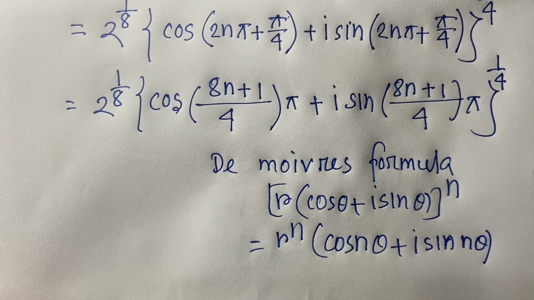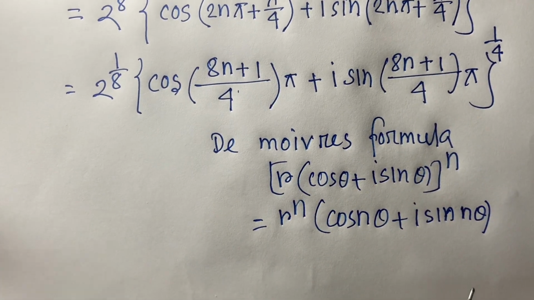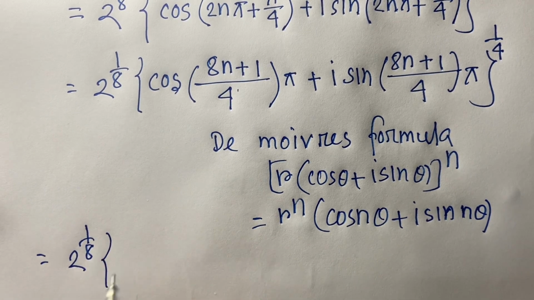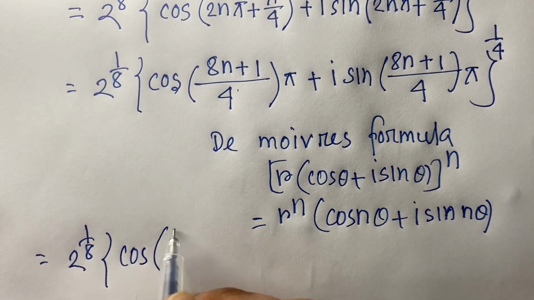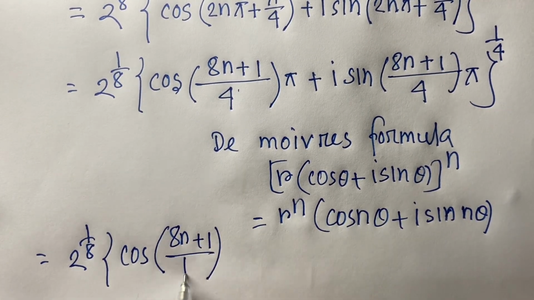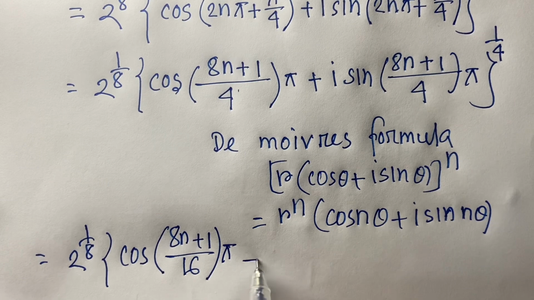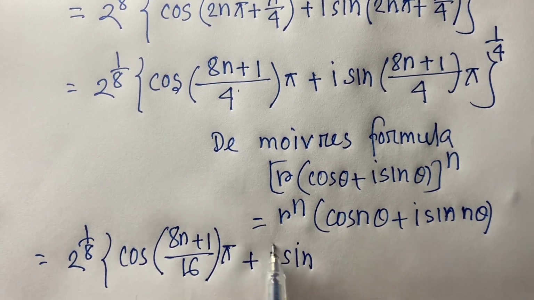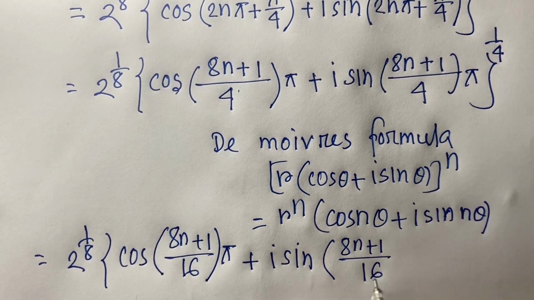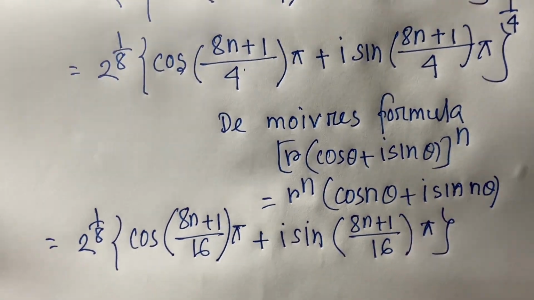According to this rule, we multiply the exponent. So it will be 2 to the power 1 over 8 times cos (8n plus 1) pi over 16, plus i sin (8n plus 1) pi over 16, because 4 times 4 is 16. So this is our final answer.